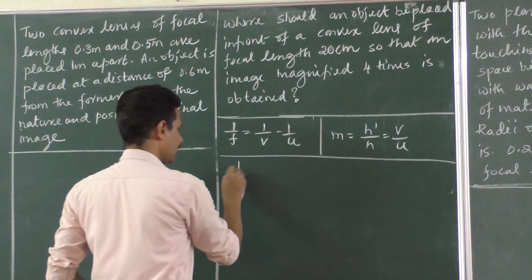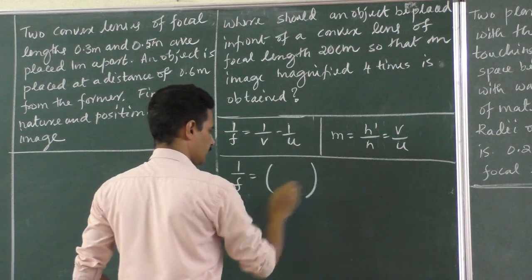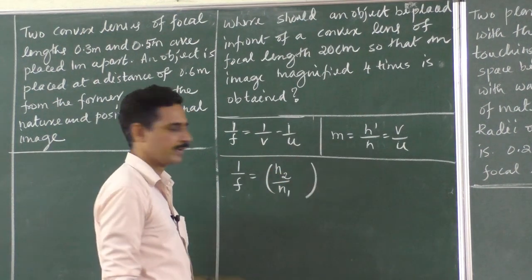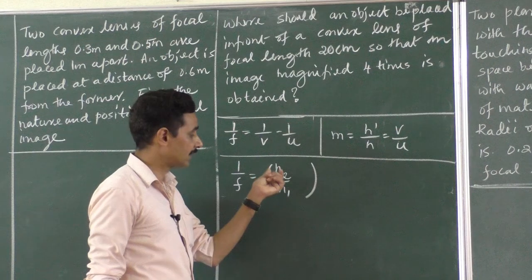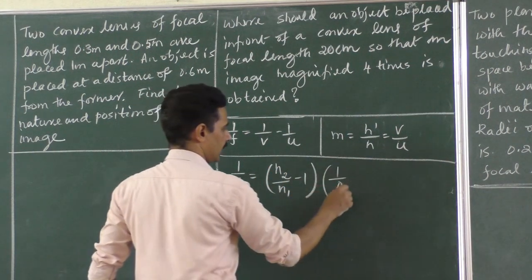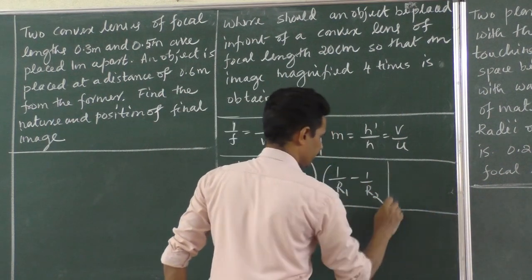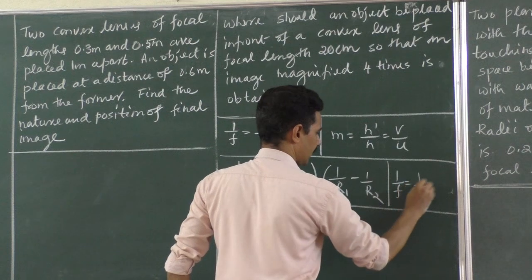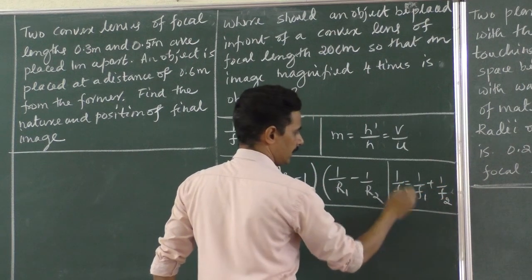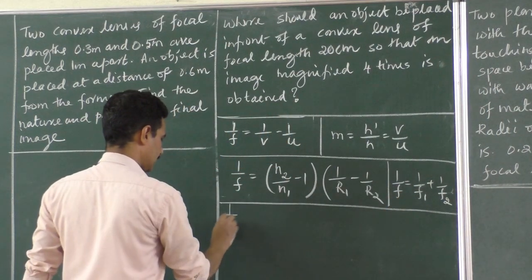And the lens maker's formula, which gives the power of a lens or reciprocal of focal length: 1/f = (refractive index of the lens by refractive index of the surrounding medium - 1)(1/R1 - 1/R2). I don't say n2 by n1. And when two thin lenses are kept in contact, the power gets added up, P = P1 + P2, since the reciprocal of focal length is the power.